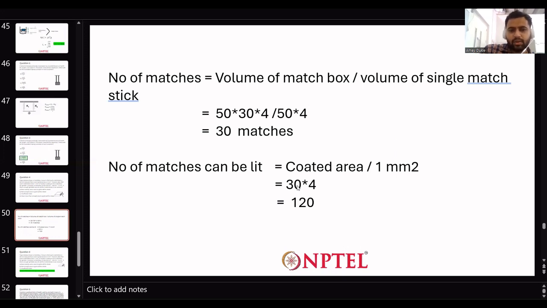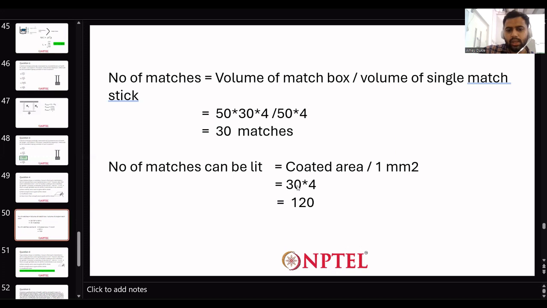But anyway, we have the cross section area, so cross section area into L. So we get the total number of matchsticks is 30 matches. Then, to find the number of matches that can be lit, we divide the coated area by the area that is required to light one matchstick. The coated area is 30 into 4, and 1 mm square is the area required to ignite a matchstick.